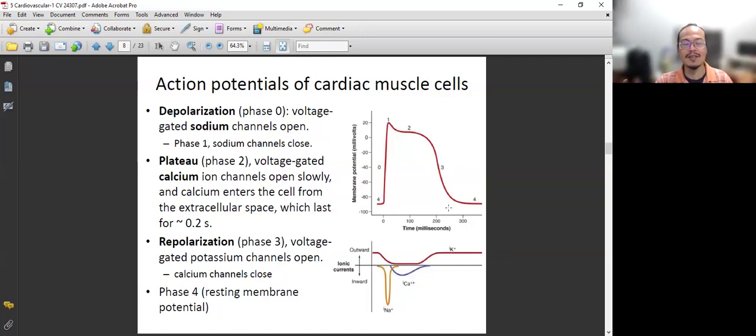You will also know that it has a long plateau. During this phase, calcium gets into the cell. With that calcium, it will bind troponin to cause muscle contraction. So the muscle contracts during this time.